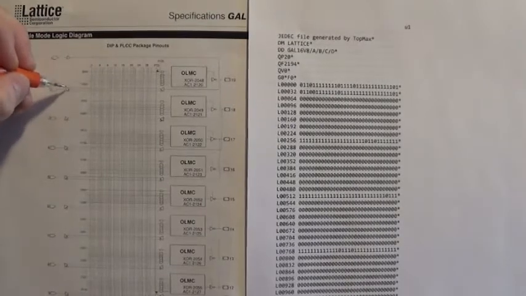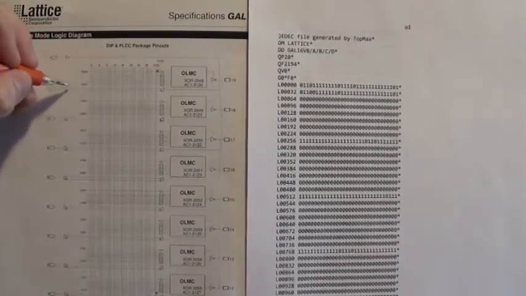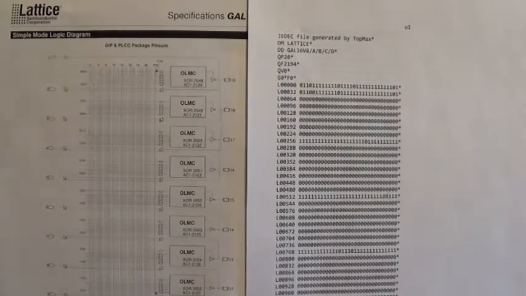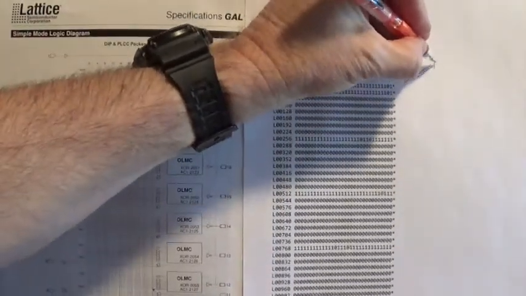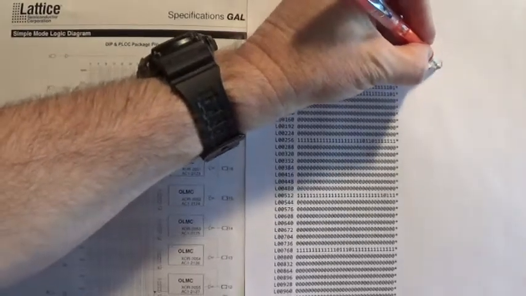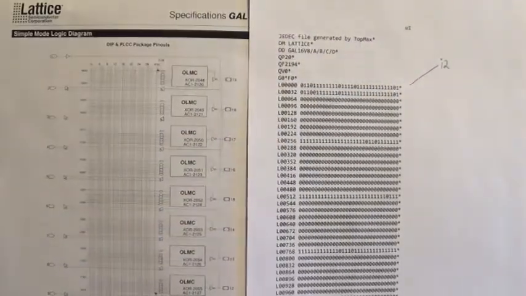And because it's non-inverted on the output side of this buffer, that means that this input pin 2 is active high. So let's write that over here. I for in 2. In 2.